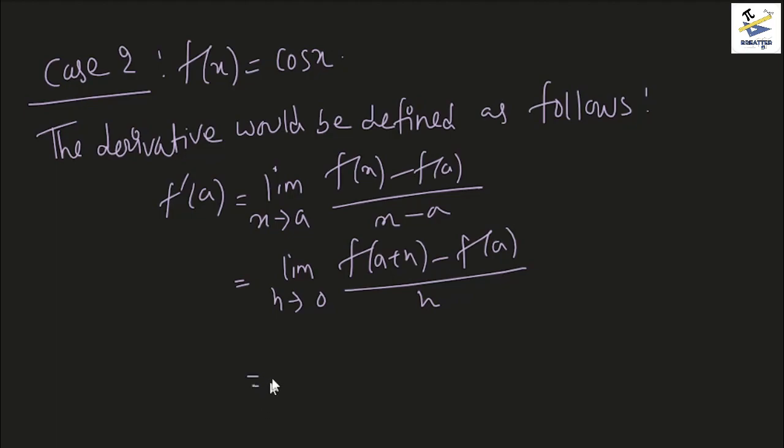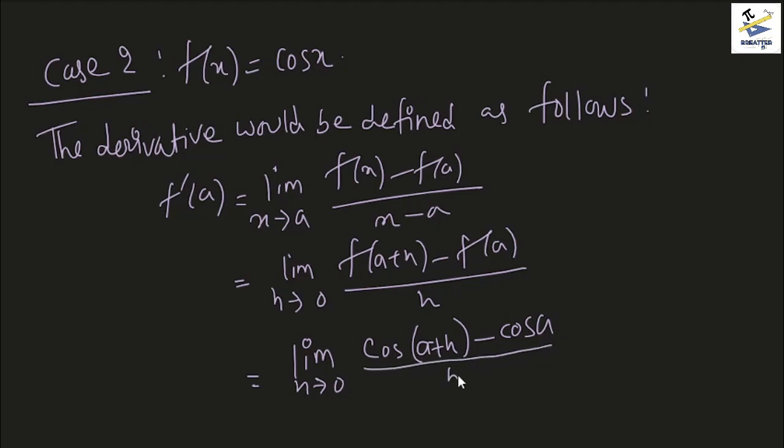Now this would give us limit h tends to 0 of cosine of a plus h minus cosine of a, whole divided by h, right?